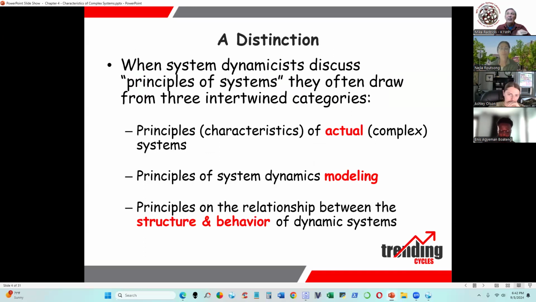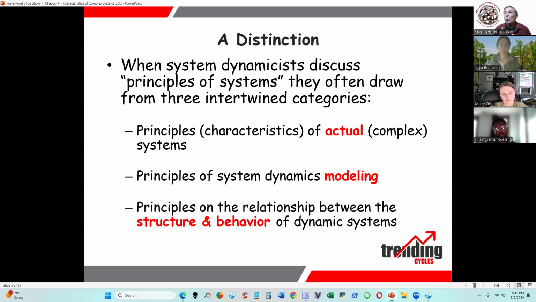Well, if you look in the literature in system dynamics, that phrase, principles of systems, is often intertwined in different areas. So it could be principles of actual systems, right? And in the first course, we covered the characteristics of complex systems, okay? Or principles of system dynamics modeling, which is how do you do the modeling, technically, right?